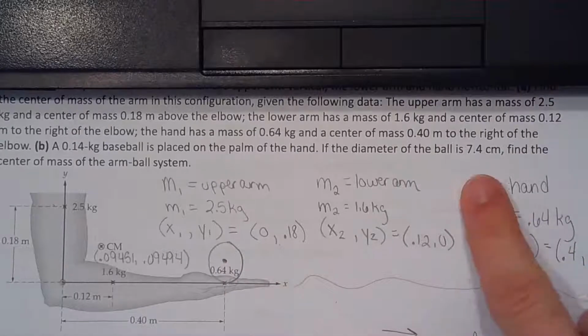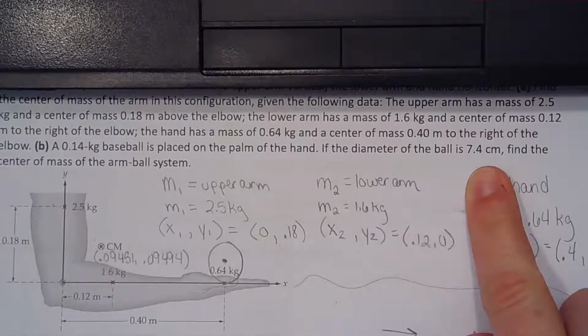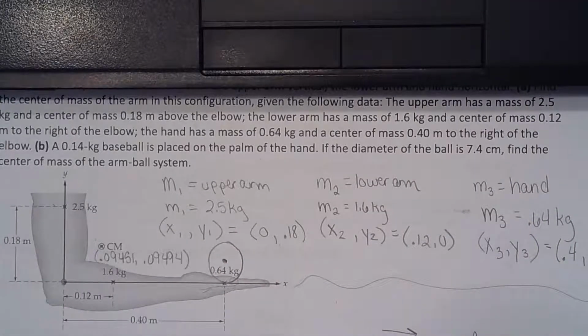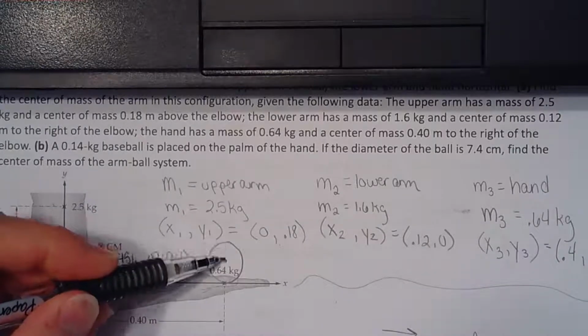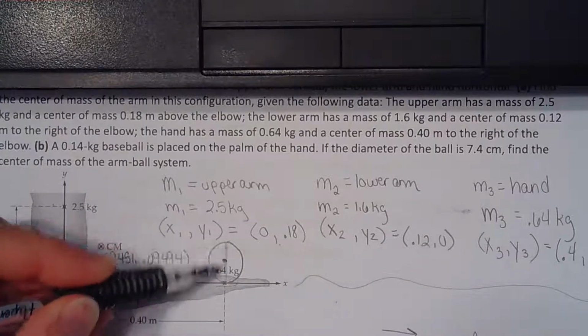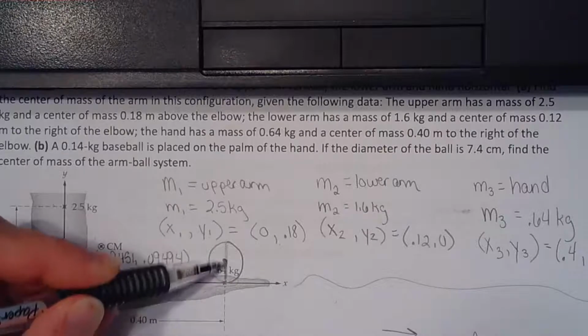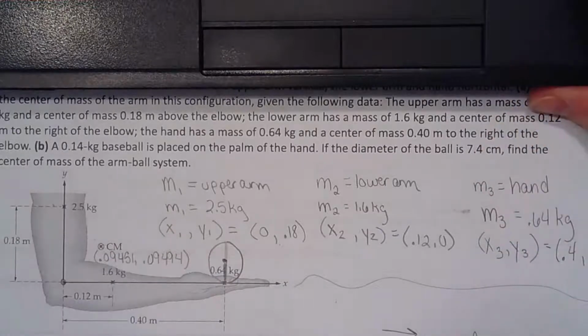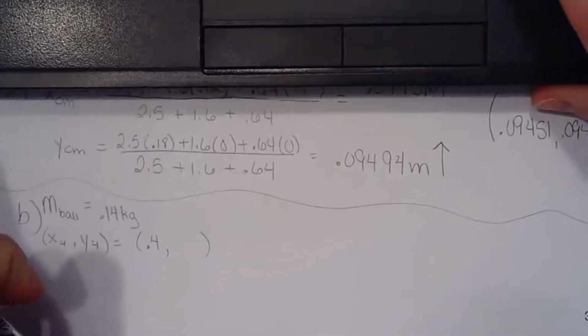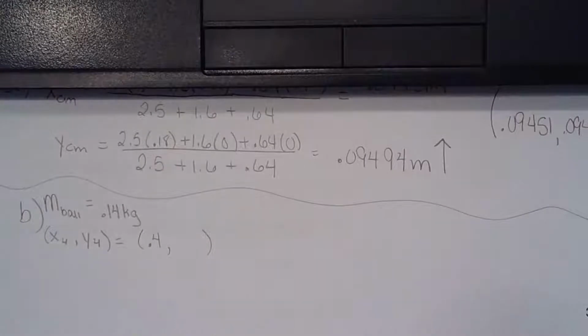Since they told us the diameter of the ball, we need to figure out the radius, because if this line right here is the entire diameter, then the center of mass is at half of it. They told us the diameter was 7.4, and 7.4 divided by 2 is 3.7.